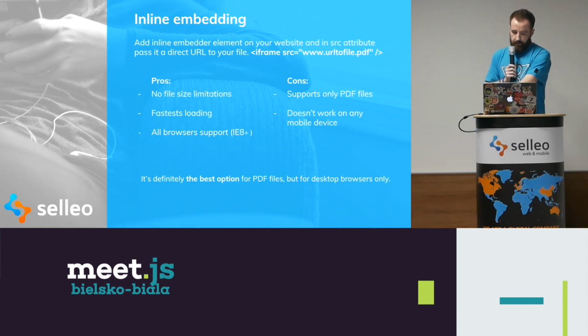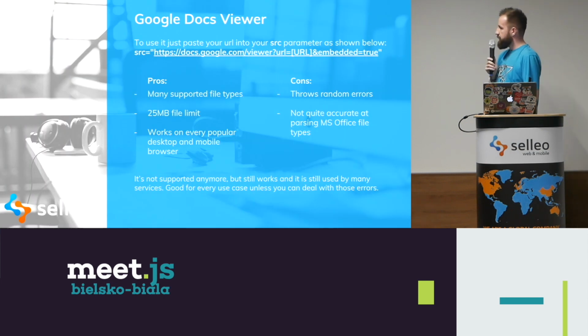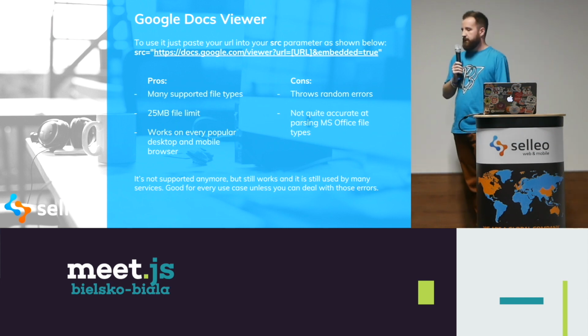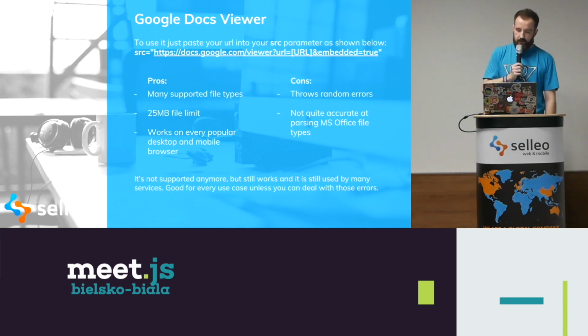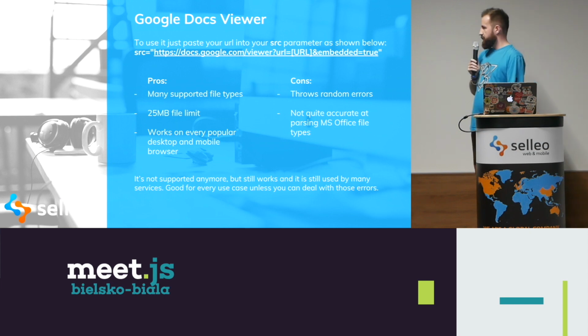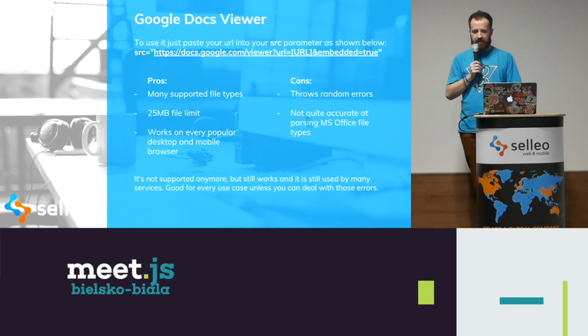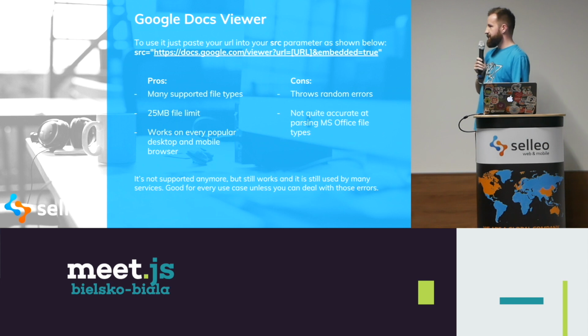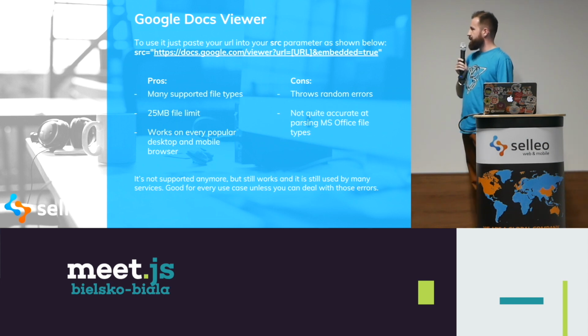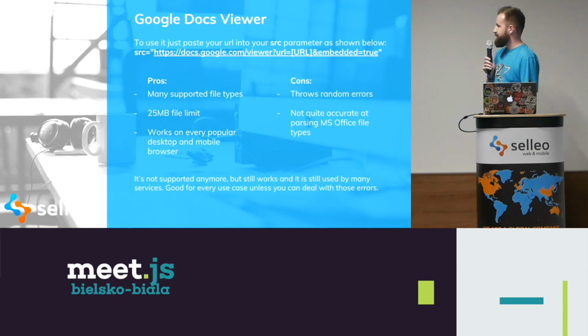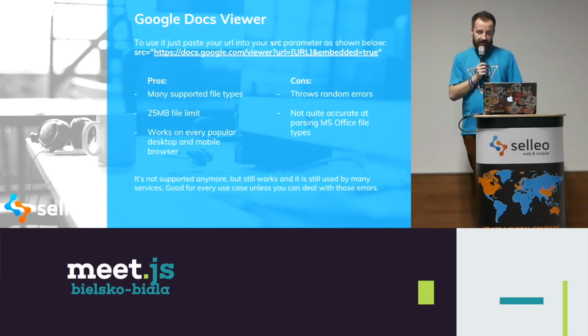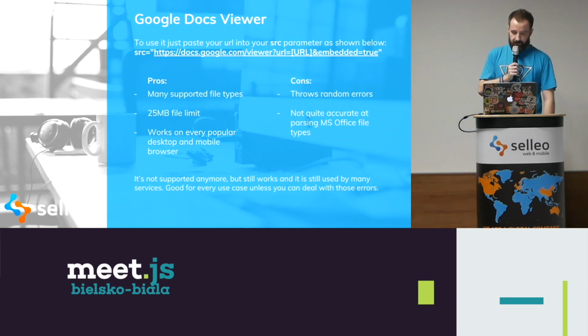All right. Next, Google Docs Viewer is basically the tool from Google Drive, but it's not supported anymore. Google likes to throw random errors from their applications when they don't want to support them anymore, and here it's the same thing.